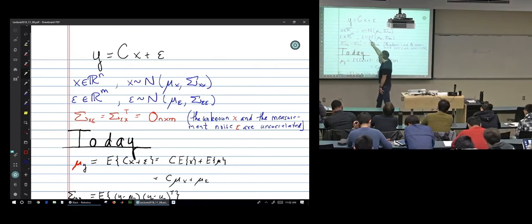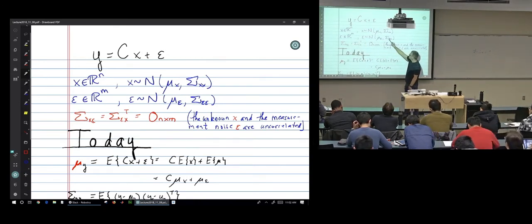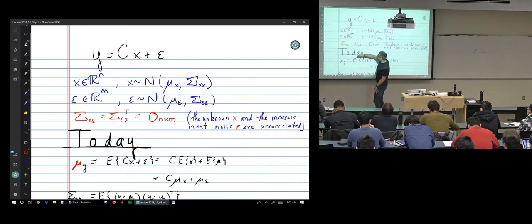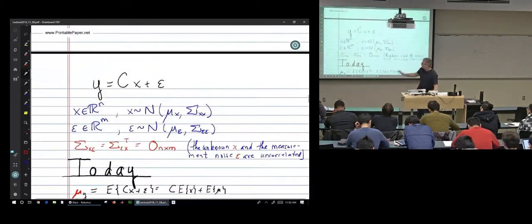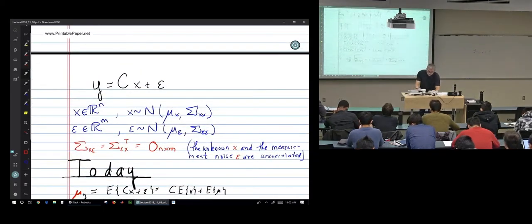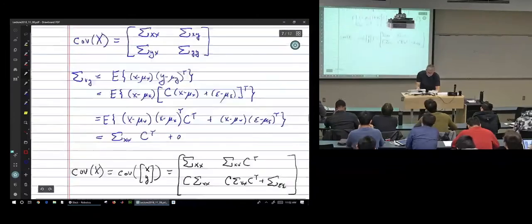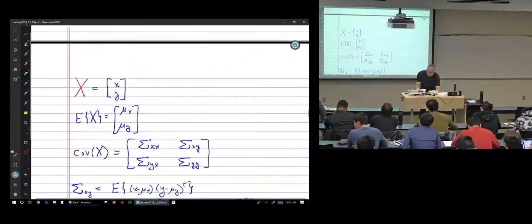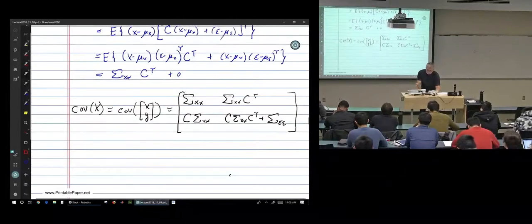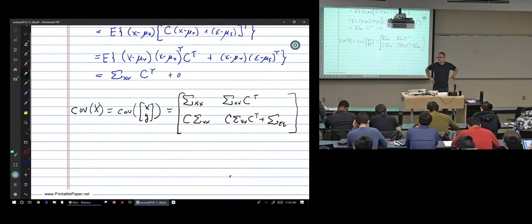We have a probabilistic description of the uncertainty of our LiDARs and cameras and things like that. And then right now I'm trying to build the statistics of how x is related to the measurement process, y equals Cx plus epsilon. And so now I have that. I had to construct that from the data. The mean, that's easy. And the covariance took us some grungy calculations, but it's straightforward once you just write it down and expand it.